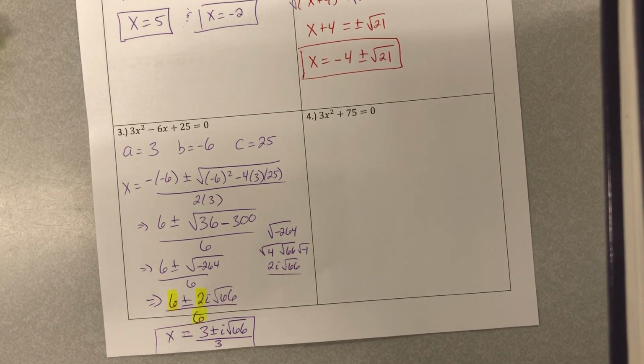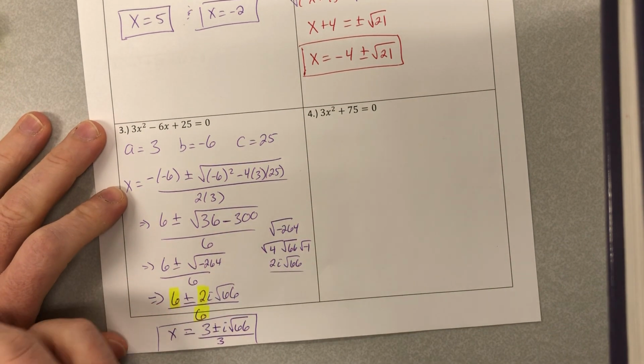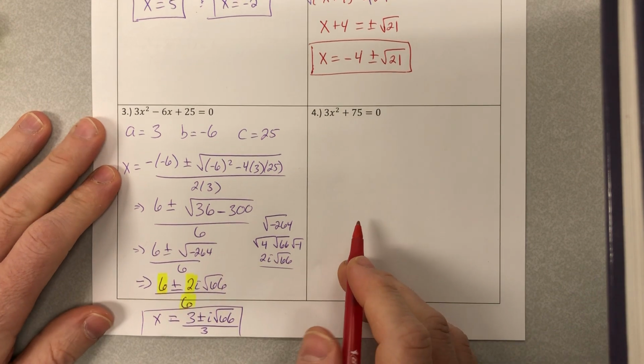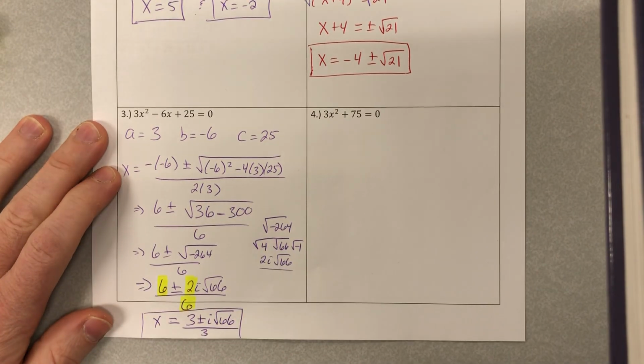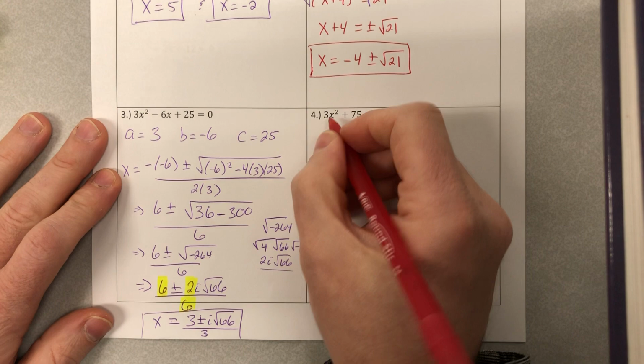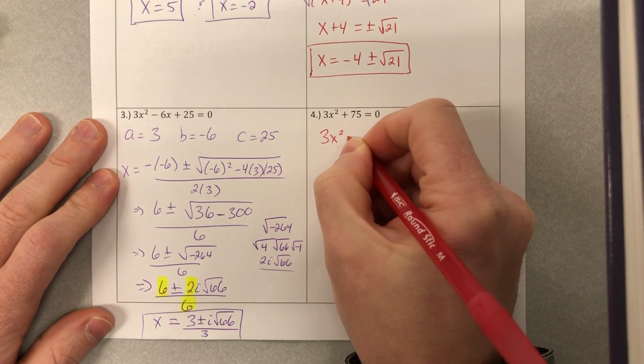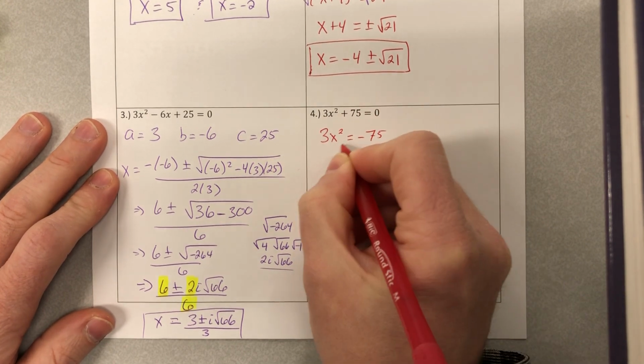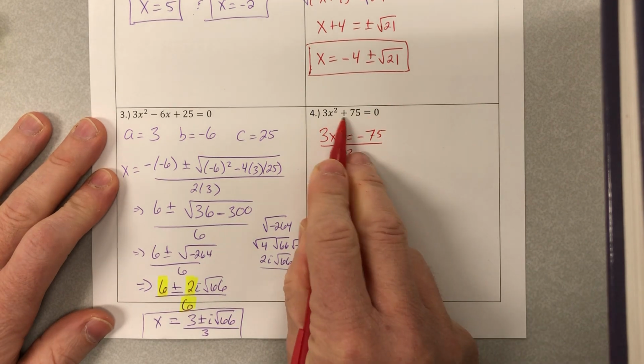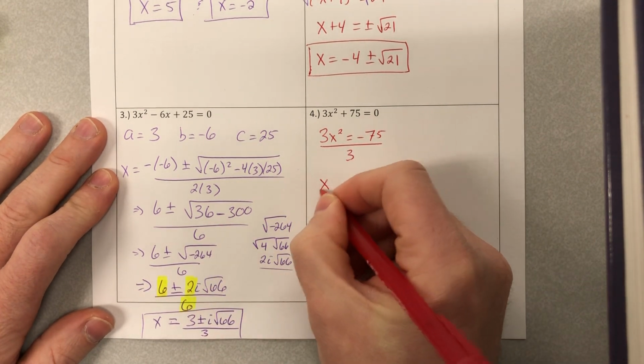When we look at number 4, we can't factor this, but if we notice, there's no x term, or bx term, so we can use square roots. To solve using square roots, we're going to get the thing that's squared by itself. We subtract the 75, then divide by 3.